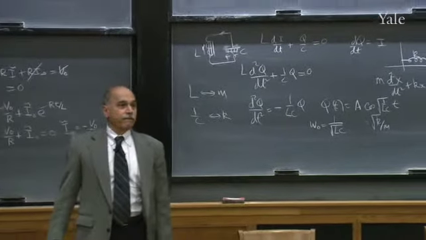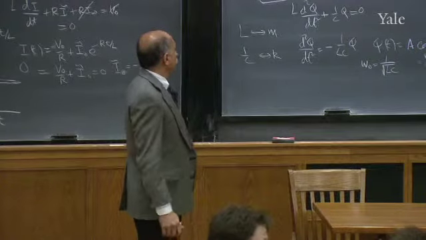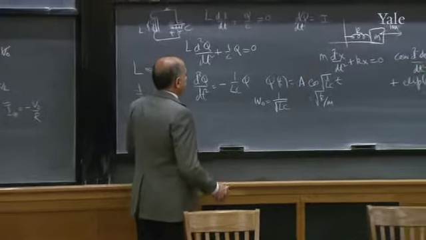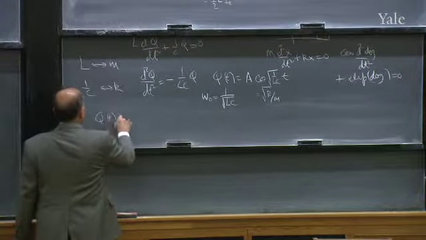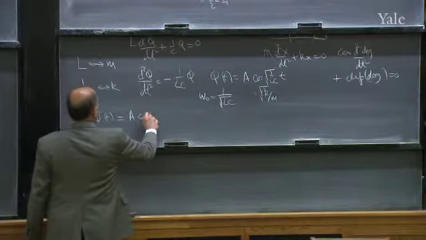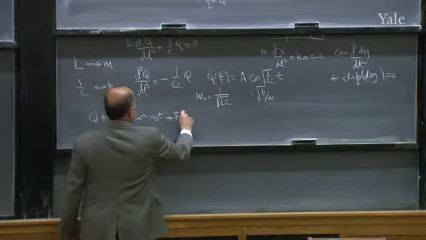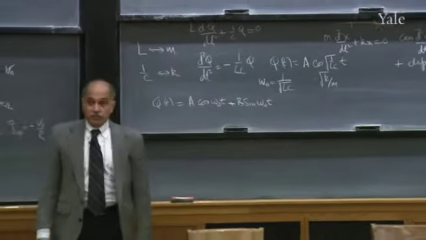Yep. When you solve the differential equation, why did you omit the sine? Ah. Sine also. Yes, so I should explain to you. That's an important point. So q of t can be one number times cosine omega 0 t, where omega 0 is this guy, plus another number times sine omega 0 t. And both are acceptable.